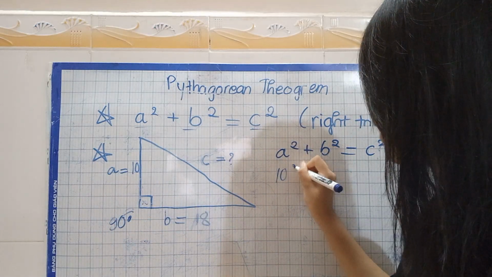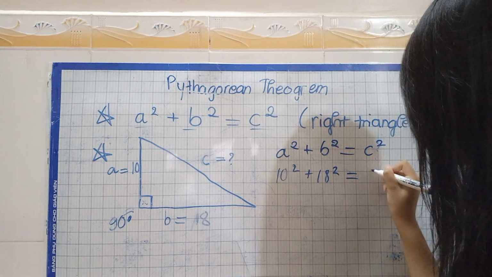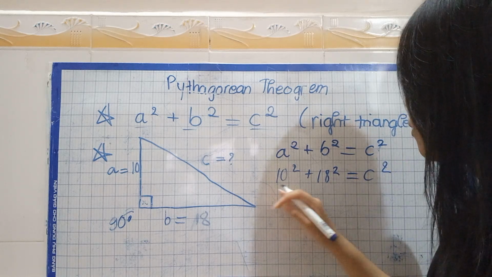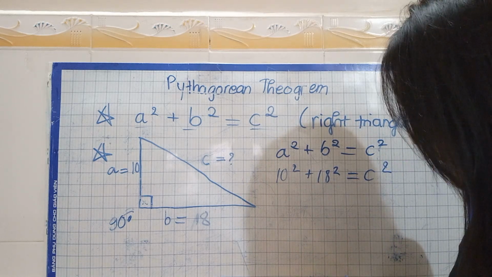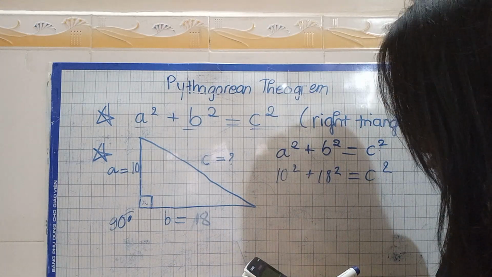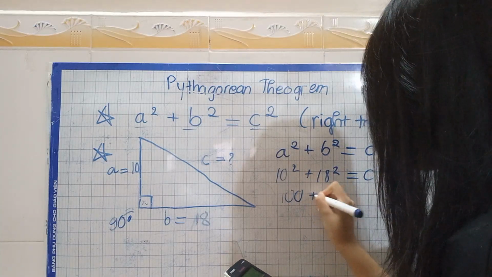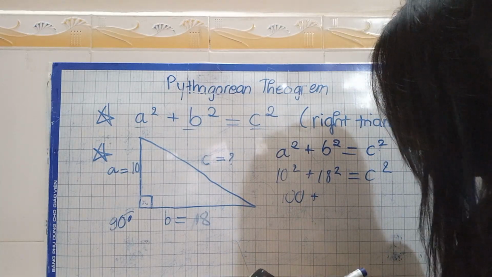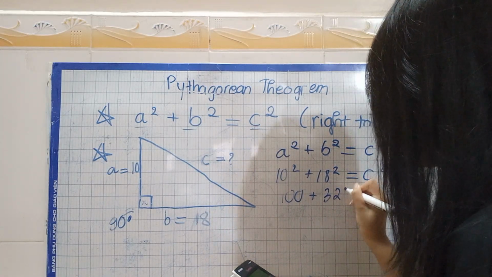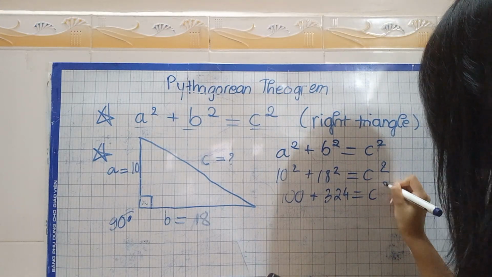So 10 squared plus 18 squared equals c squared. So let's do a quick calculation. I'm having my calculator here. So 10 squared is equal to 100, and 18 squared is equal to 324. Wow, big numbers, right? And it will equal c squared.